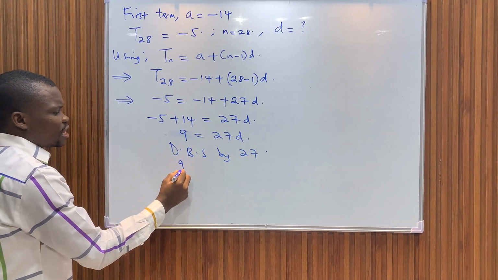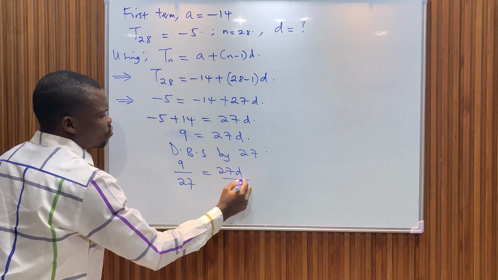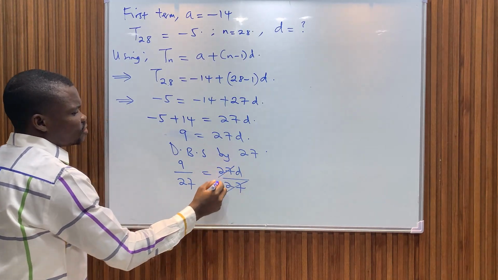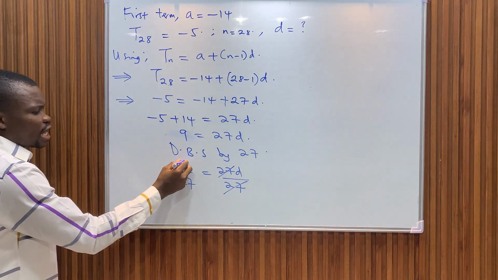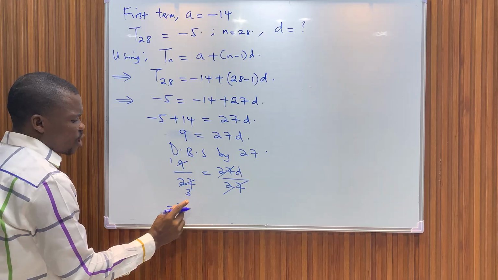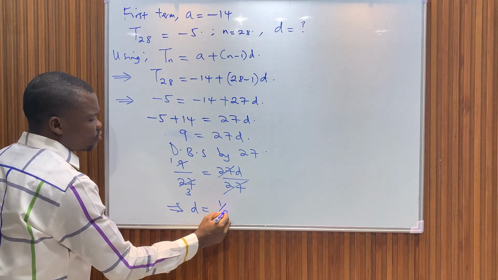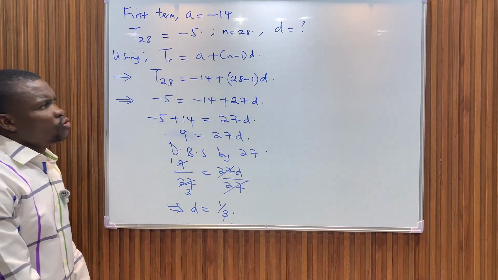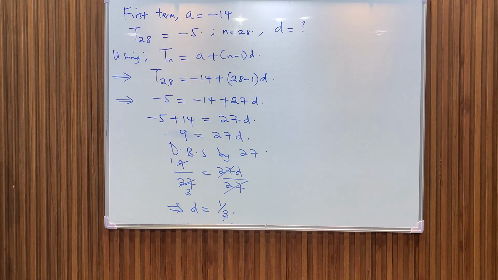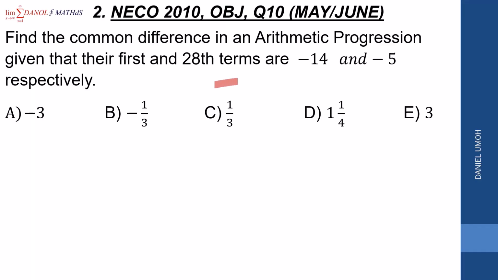We have 9 over 27 equals 27d over 27. The 27s cancel, and 9 over 27 simplifies to 1 over 3. So our d, the common difference, equals 1 over 3. Look at this again and make sure you understand what I just did. From the options, the answer is C, because d equals 1 over 3.